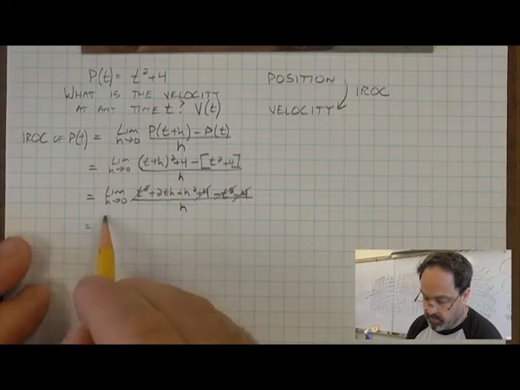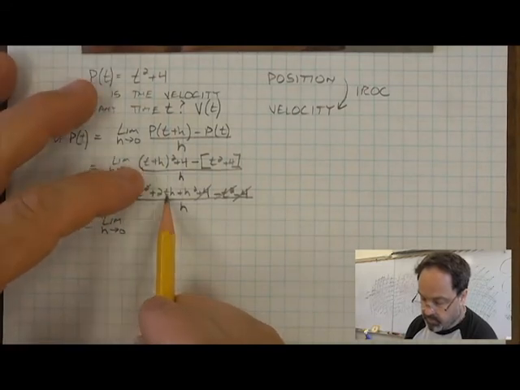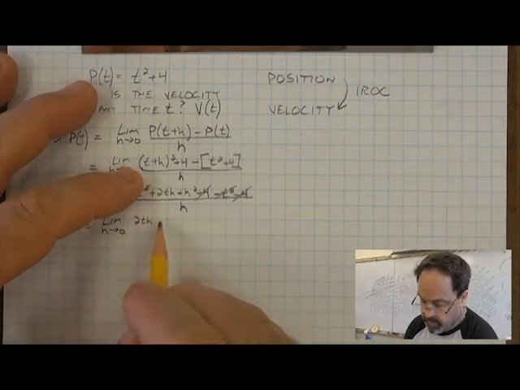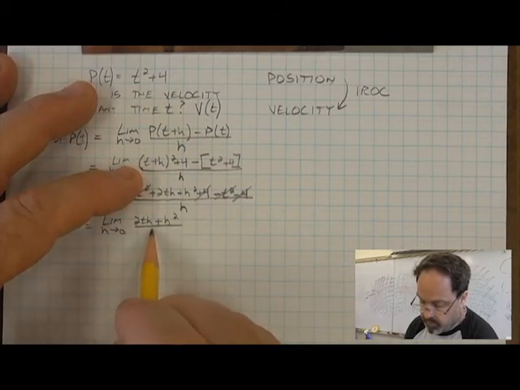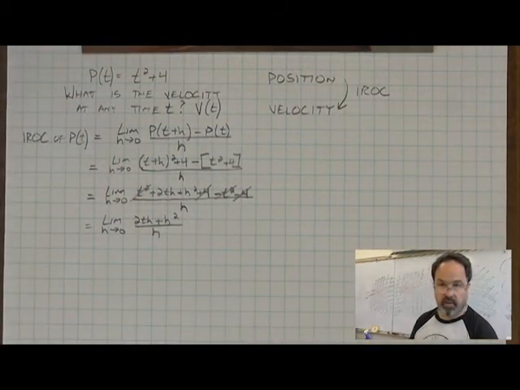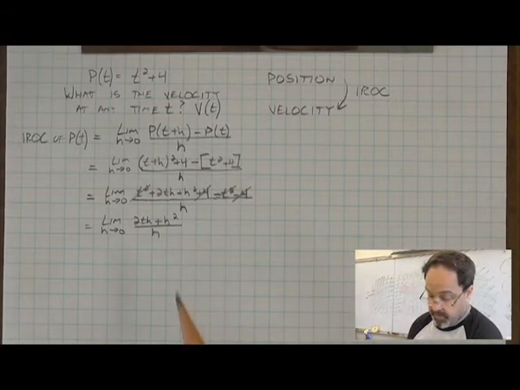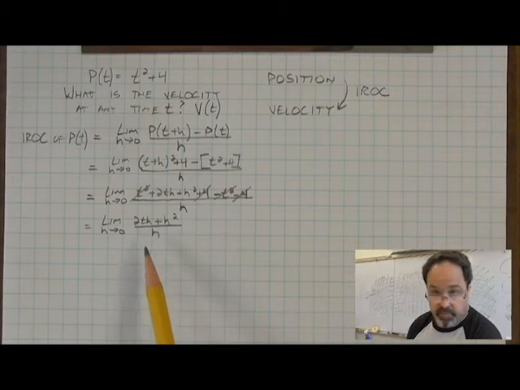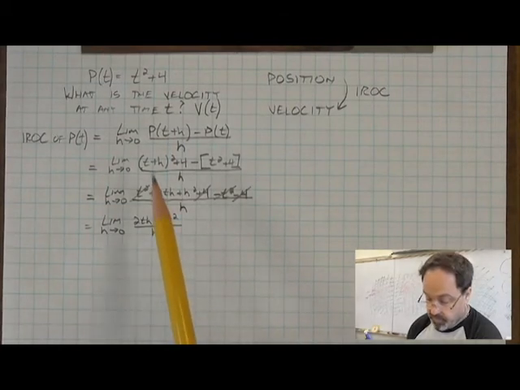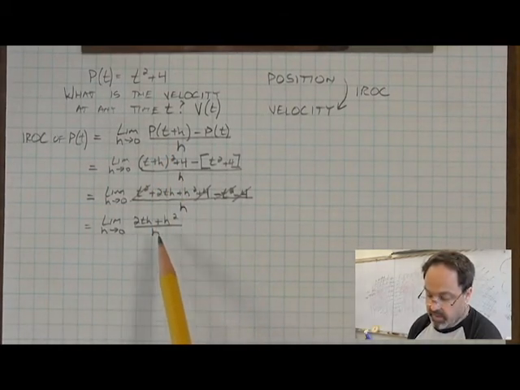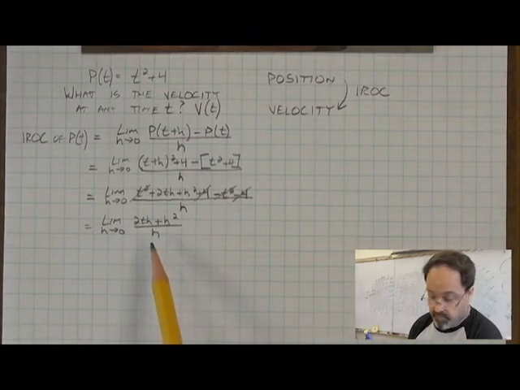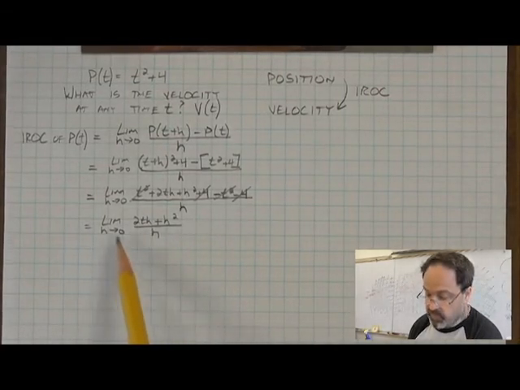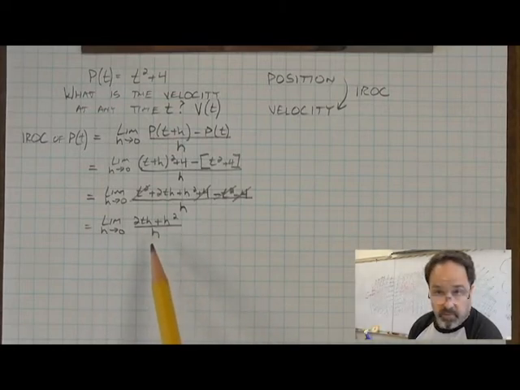What I have left is the limit as h approaches 0 of this term here, 2th, and this term here, h squared, still being divided by h. And notice we should expect that when we process the algebra in the IROC expression, we need to expect to eliminate the division by h problem, because if h is going to 0, it's a problem to divide by 0.